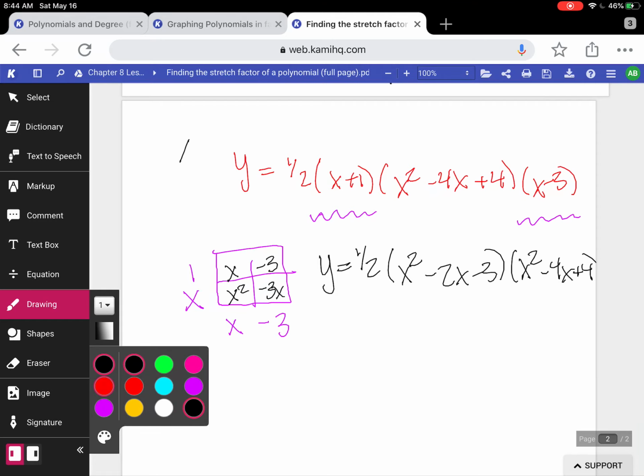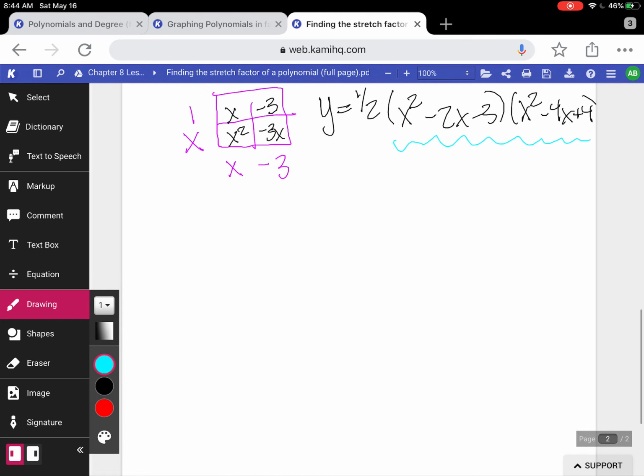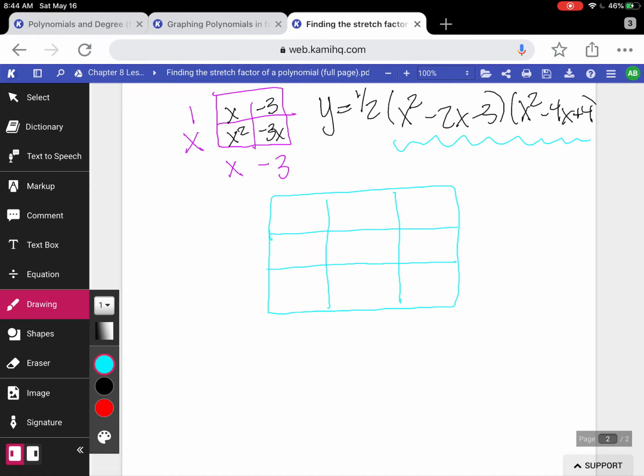Okay, then we're going to make a big rectangle with both of these, so two trinomials. Sorry about my dog barking. All right, so we have our two trinomials. We have x squared minus 2x minus 3, and we have x squared minus 4x plus 4.